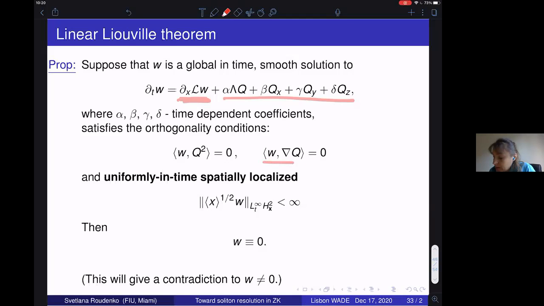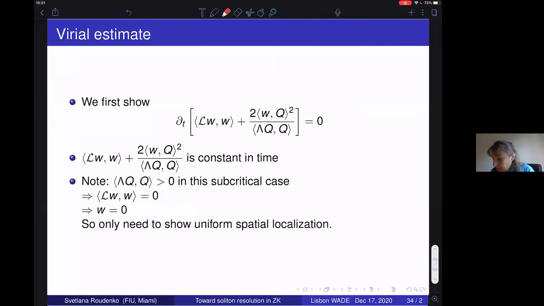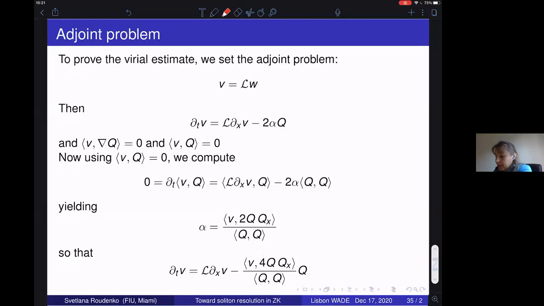You can see that this is the one which comes from the kernel, the gradient of Q, and that Q squared, that's the one which we use to show that if we have the uniformly in space-time spatially localized, so this is like a virial, then it turns out that W will have to be 0, which means that our original solution will be exactly just the soliton.